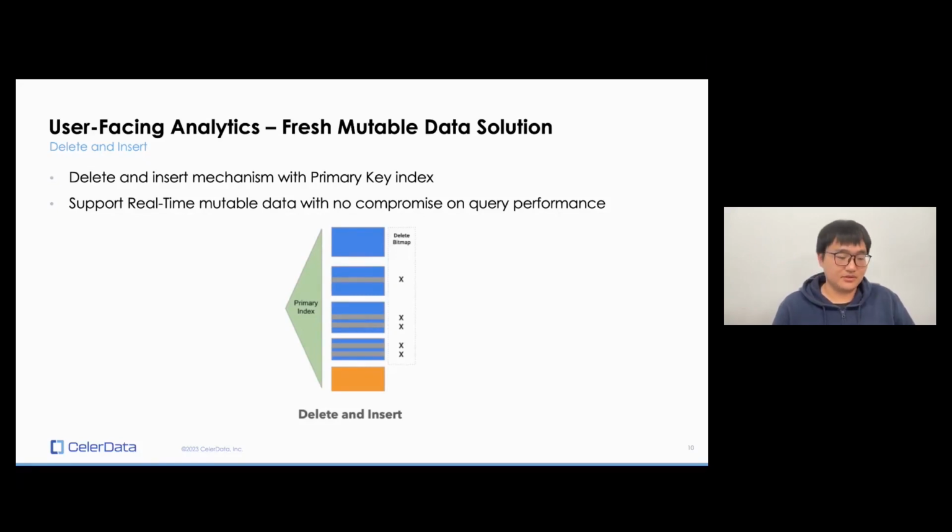There's no merging of different versions happening in the backend. So this can really support real-time mutable data freshness in the low seconds, with absolutely no compromise on query performance.